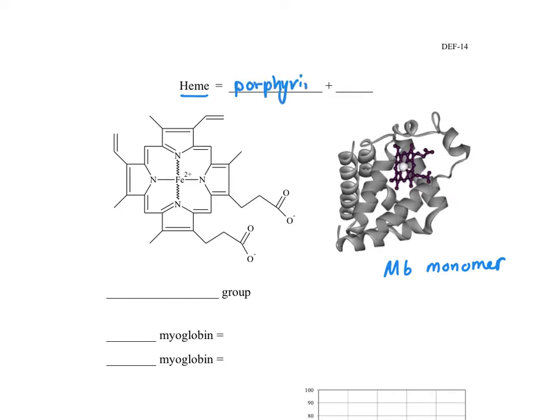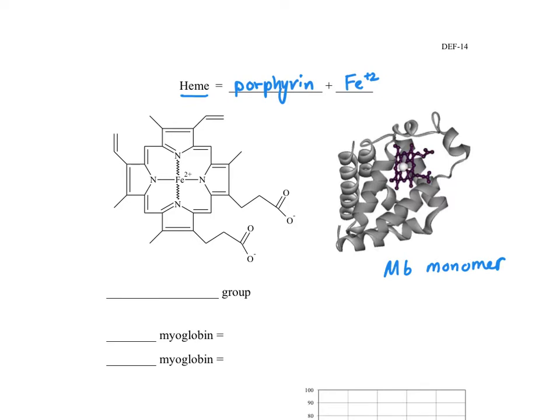And porphyrins are found in a lot of molecules in biology, in chlorophyll and vitamin B12 and things like that. Also in heme, though, besides the porphyrin, is an iron +2 atom. That's iron 2. It has to be iron 2 to function in this capacity in myoglobin.